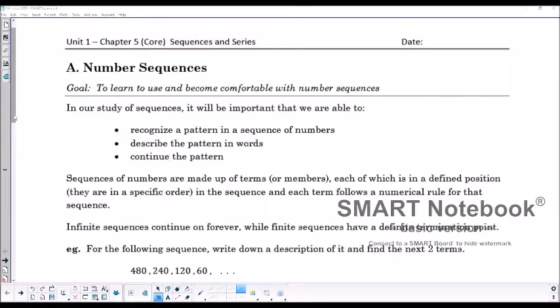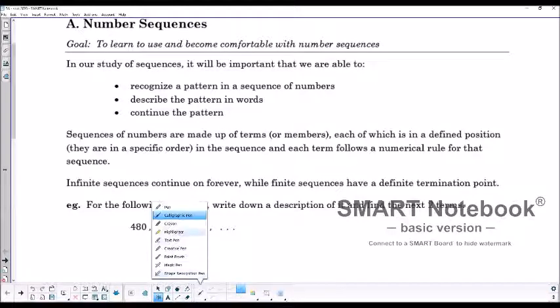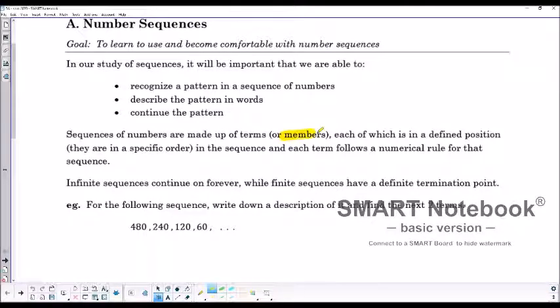And number sequences are made up of what's called members, and I will highlight that word. Members of each sequence are basically terms, and a term is in a specific place, a defined position.